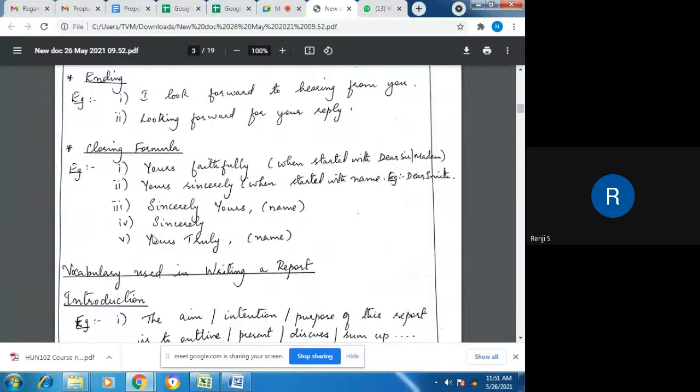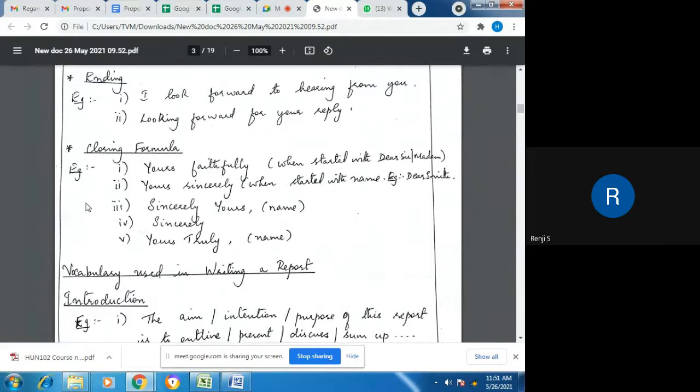Now, the closing formulas. Closing formula means when you end. And I found that in most of your letters, some of you, when you wrote informal letters, had written "yours faithfully" and "yours sincerely" for your friends.